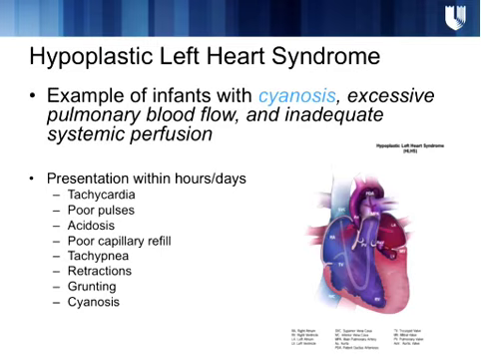And as you can see, the image on the right depicts hypoplastic left heart syndrome, where you have normal systemic veins returning to the right atrium. Blood crosses through the tricuspid valve into the right ventricle, exits the pulmonary artery to give pulmonary blood flow. And as it returns to the left atrium, you'll see that there is a diminutive or absent mitral valve, a very small left ventricle and a very small aorta.